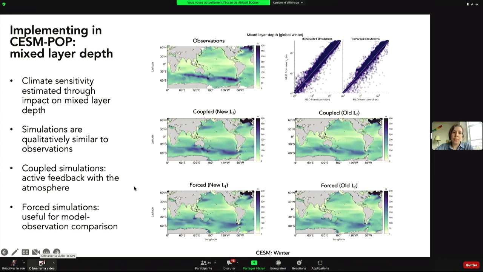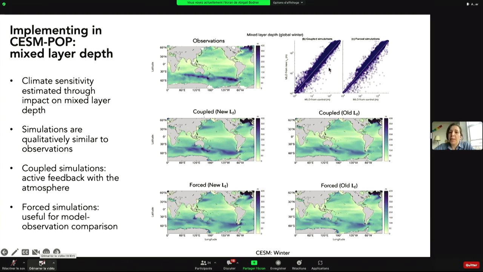Okay, so the main impact on climate sensitivity that we looked at was mixed layer depth. So we compared the global winter mixed layer depth in observations given by Argo, in the coupled simulations given by the new parameterization versus the old, and in the forced simulations given by the new versus the old.